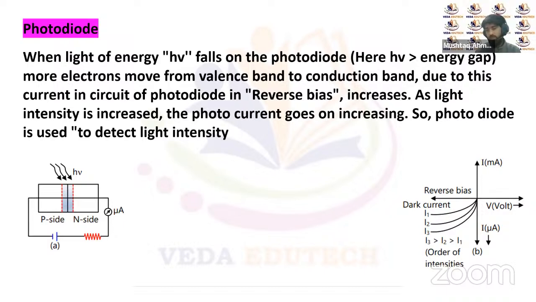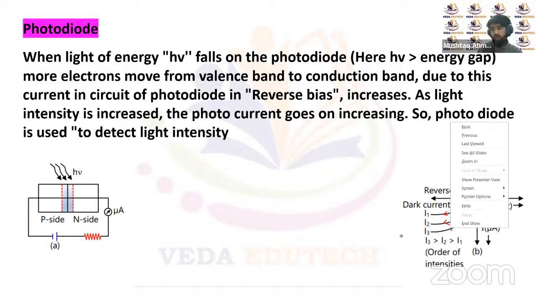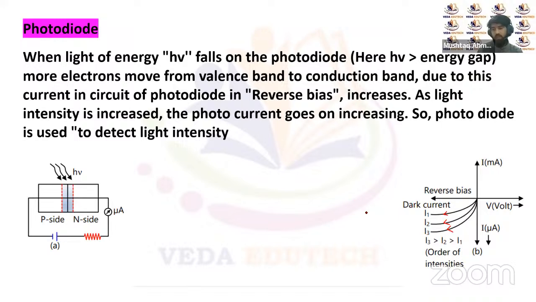You can see there's a plot between the reverse bias current and the intensity. For I1 intensity, this is the reverse saturation current. This is the reverse saturation current for the I2 intensity, and this is the reverse saturation current for the I3 intensity. The reverse saturation current will be more where the intensity of the radiation is maximum.